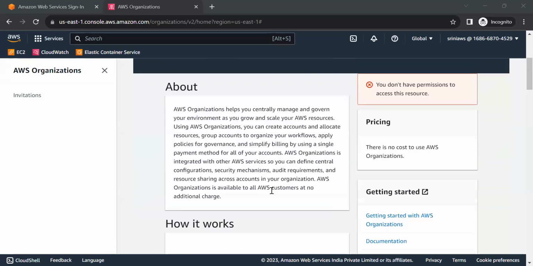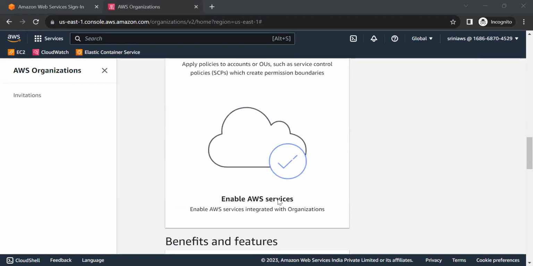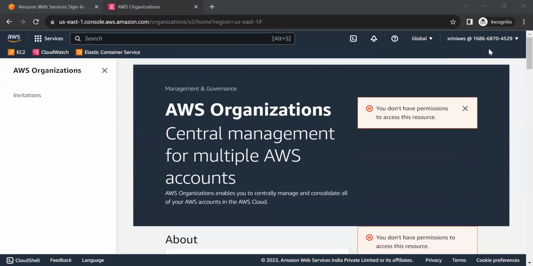Under this, he will get to know how many organizations he has added. This is how they will be creating group accounts, applying policies, something like this. And currently the account which I have logged in does not have permissions to see the organizations here. You will achieve this concept through the service called AWS Organizations.